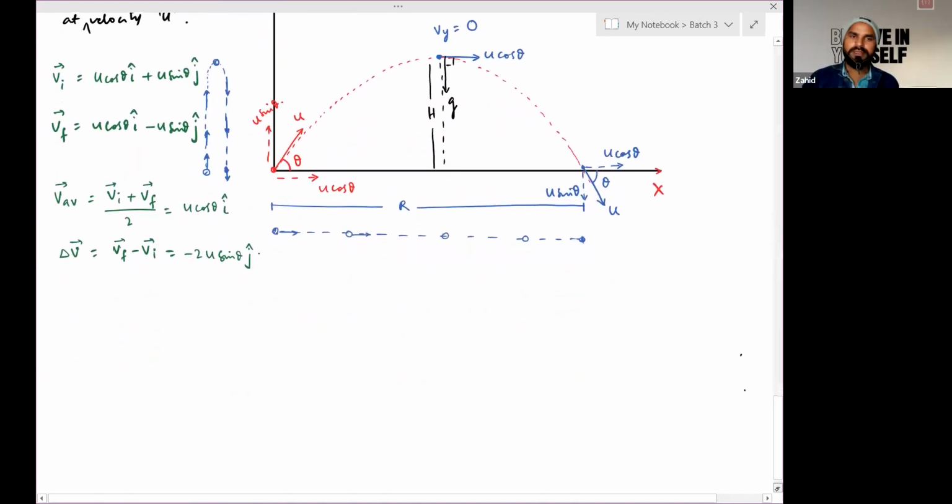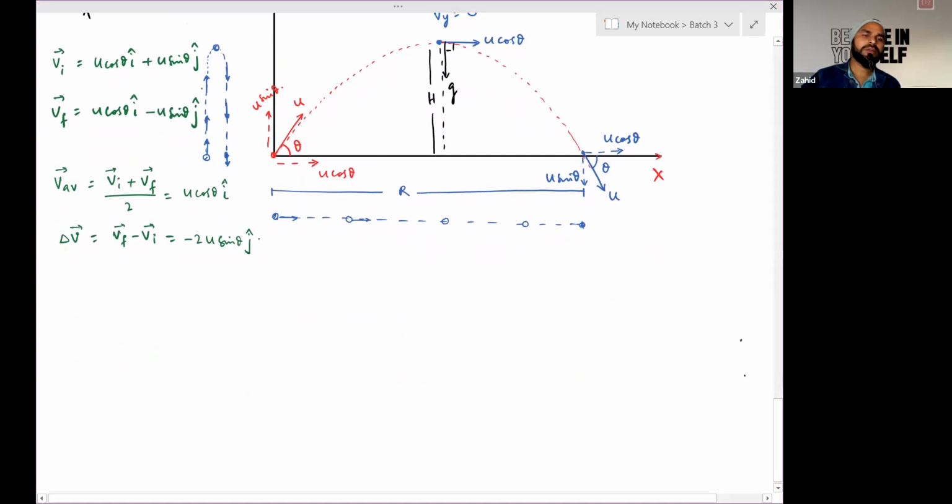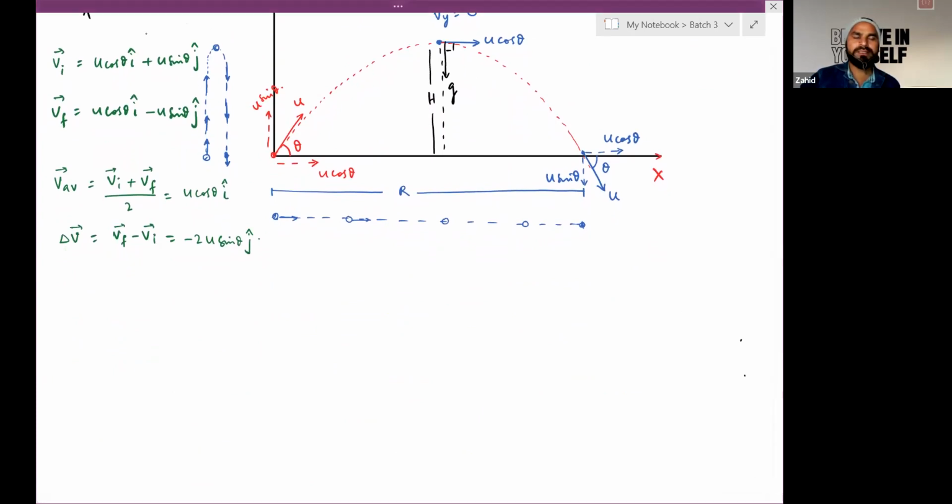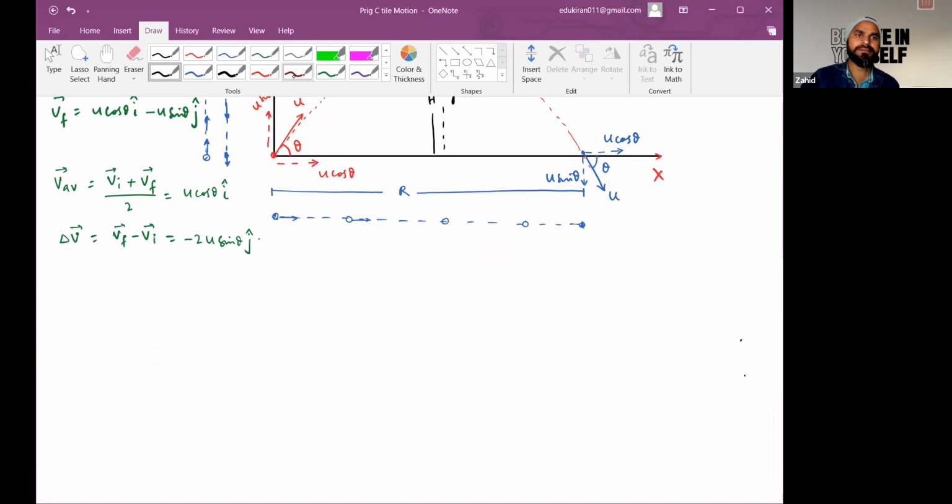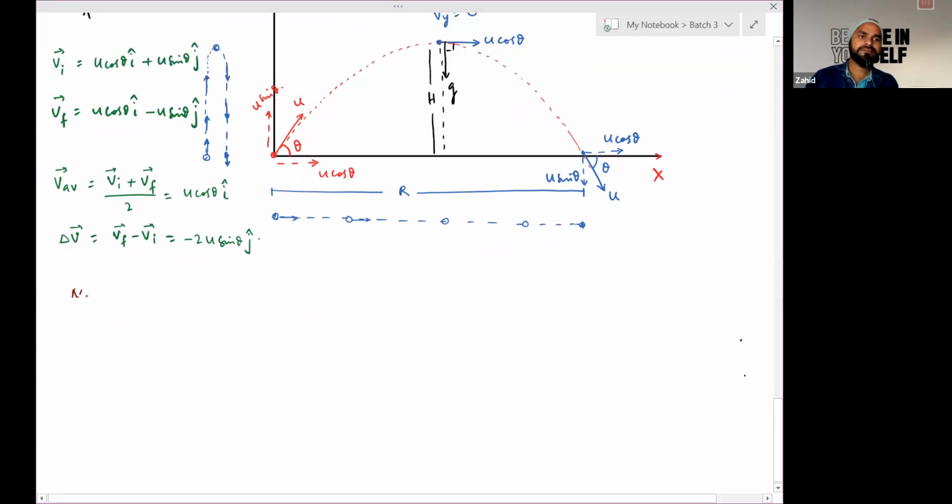Next is to define motion along the respective coordinate axes, that is x-axis and y-axis. Motion along x-axis: initial velocity along x-axis is u cos theta, and since this velocity is constant, acceleration along x-axis will be 0.